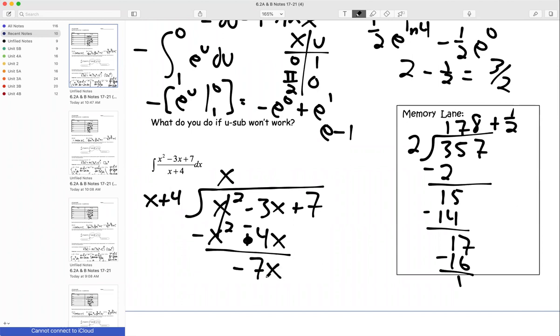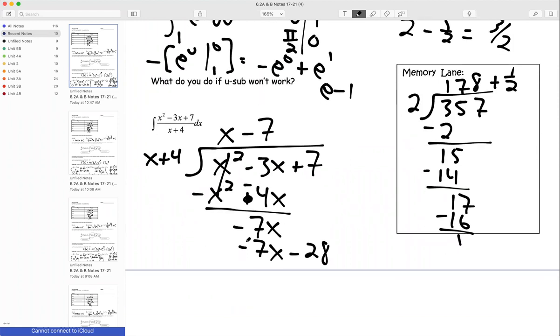So now what do I multiply x by to get negative 7x? Negative 7. So that's going to give me negative 7x minus 28. But then I've got to subtract, so the sign is going to change. And I'm going to bring down the 7.